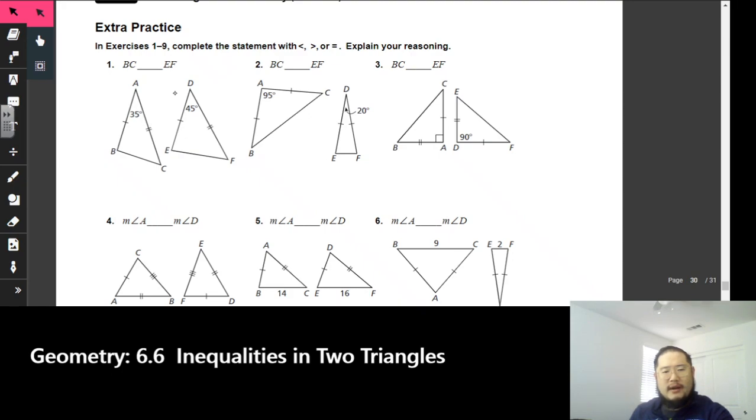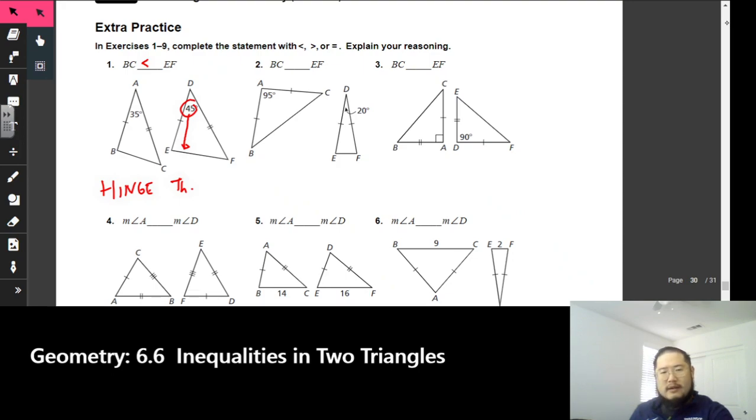So angle D is the larger angle. The side opposite of that, which is EF, is greater than BC. So we can go ahead and put BC is less than EF. What is the reason? Remember, when the sides are given and the included angle, we put hinge theorem.